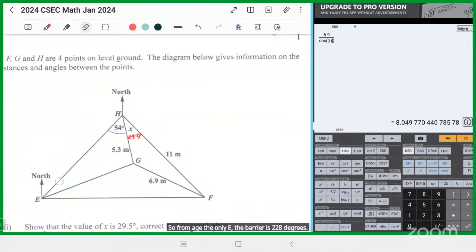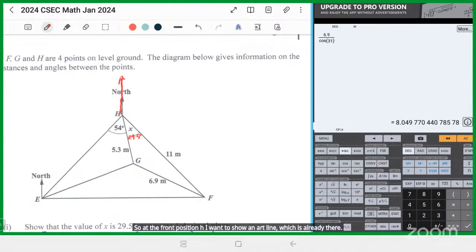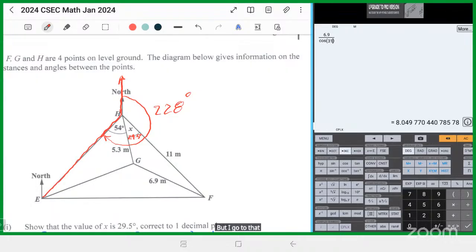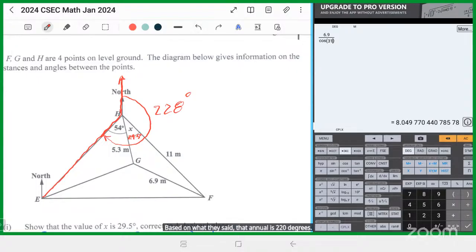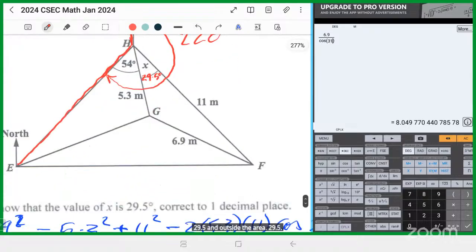So at the from position H, we want to show the north line, which is already there, and this is the line that we measure the bearing to E. This is a clockwise angle around here, and that clockwise angle is 228 degrees. Remember, part of it is 29.5 inside here.